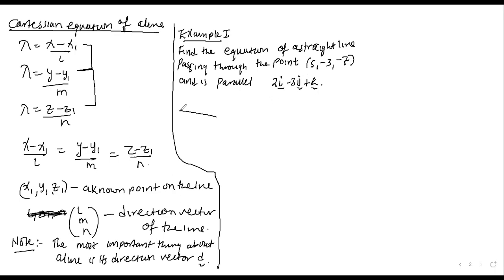Now, if this is the line and it is parallel to this vector, that vector is the d. So it means d, the direction vector, is 2i minus 3j plus k. Then the known point A is going to be (5, -3, -7).